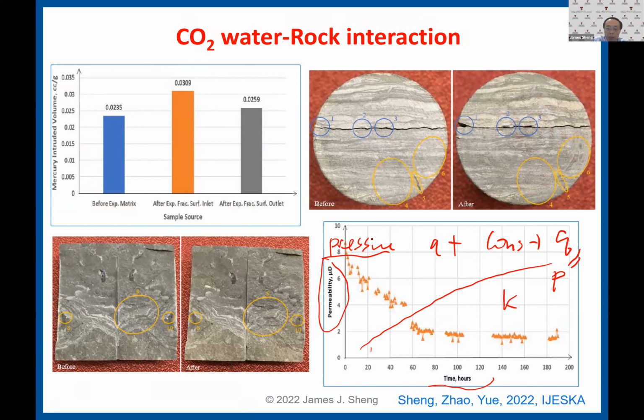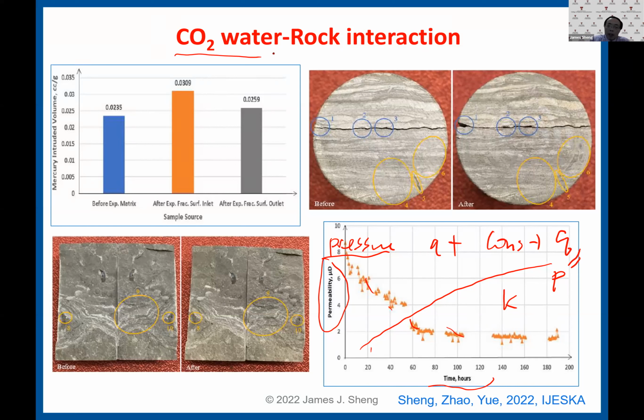As we pump, the permeability gets lower. Why does the permeability become lower? This rock is Mancos, and it has some carbonate content. The CO2 water should react with the carbonate and dissolve the rock, so the pressure should be lower.